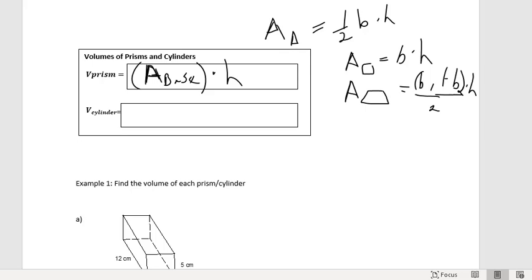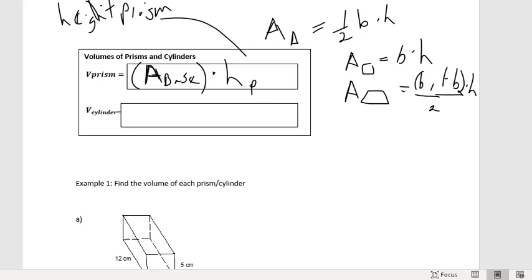All right, this will get a little confusing if we have H's in all of our area formulas and H's in our volume of our prism. Those are not the same H. So we're going to call this HP for height of the prism. That's different than the height of a triangle or the height of a trapezoid.